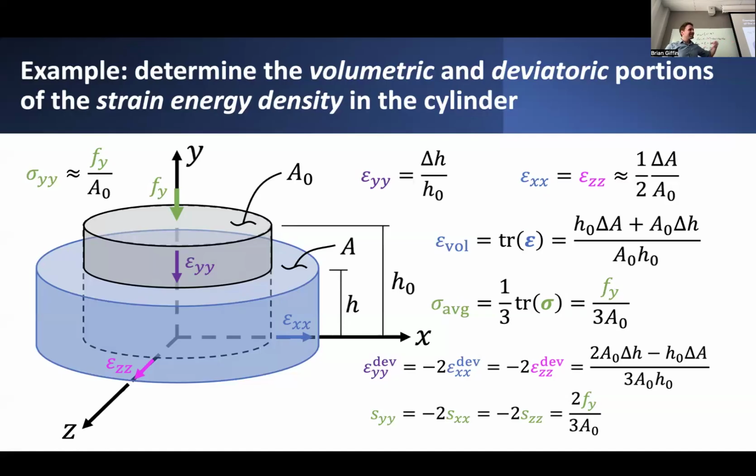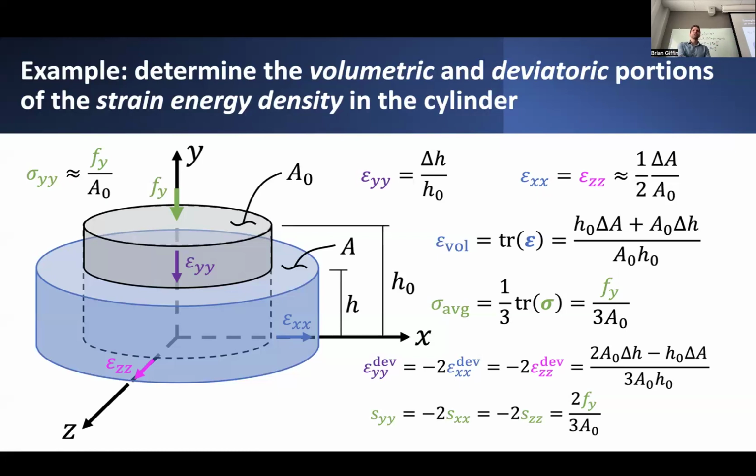All right, so we can compute the average stress, and then we can compute the deviatoric stresses just by taking the original strain and stress components and then subtracting off of those the average strain and stress to determine deviatoric strain and deviatoric stress. These are the individual components.